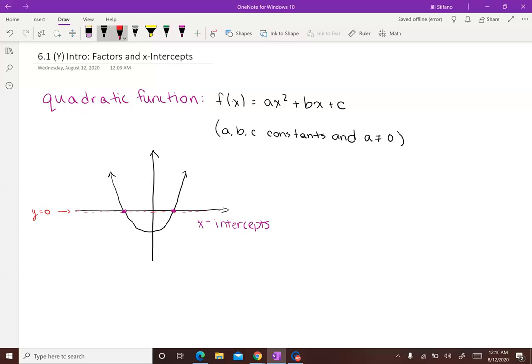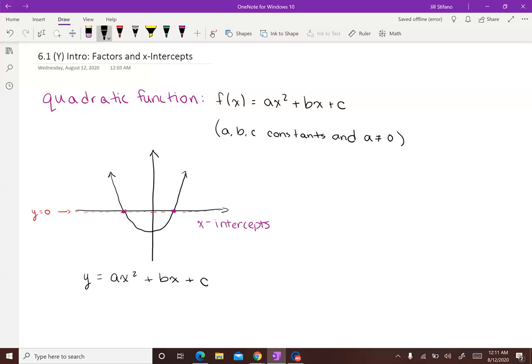When we have the equation of our function, we have y equals ax squared plus bx plus c. So if we're looking for the x-intercepts of this function, we're looking for the values of x when y equals 0.